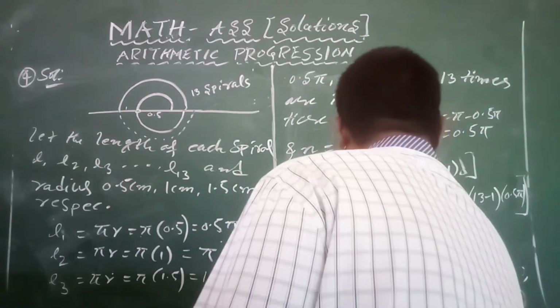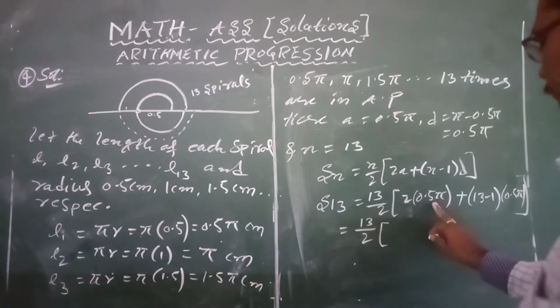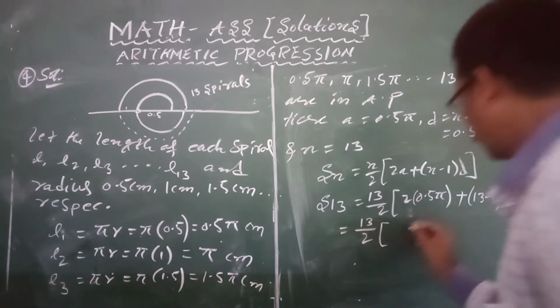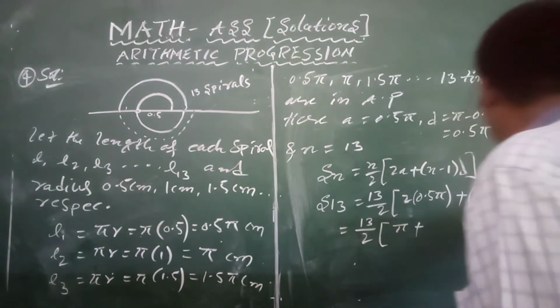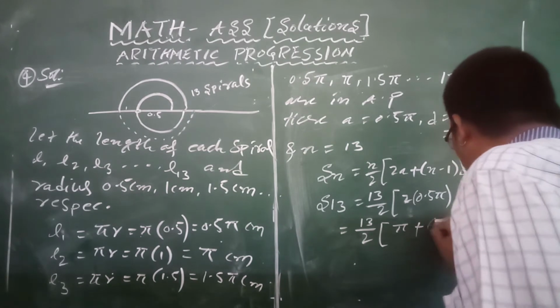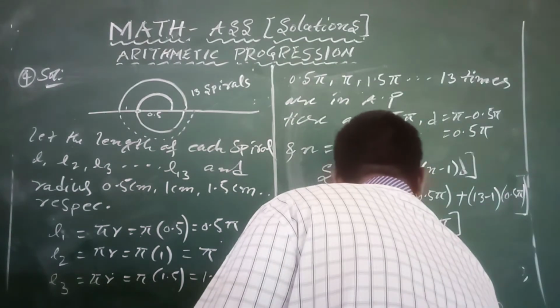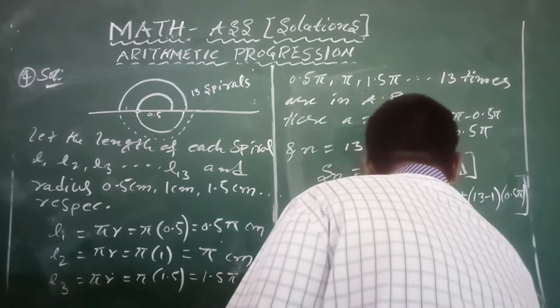Now simplify this. 13 by 2 of (2 into 0.5 pi, that is 1 pi), plus 12 into 0.5 pi, half of 12 is equal to 6 pi. Equal to 13 by 2 into 7 pi.